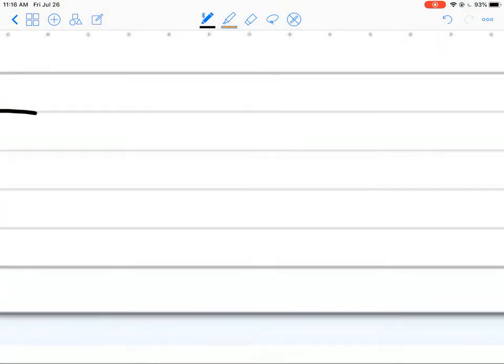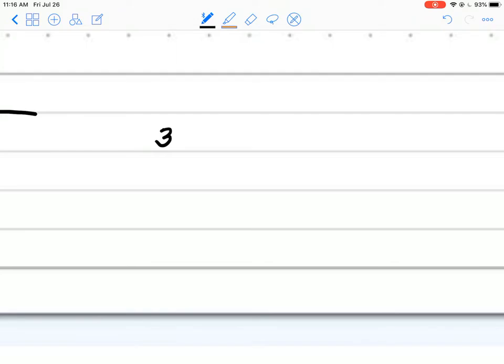All right, 7/35. So let's divide 35 into 7. And you ask yourself, can that happen? And no, it cannot. So let's add a 0. 35 into 70.